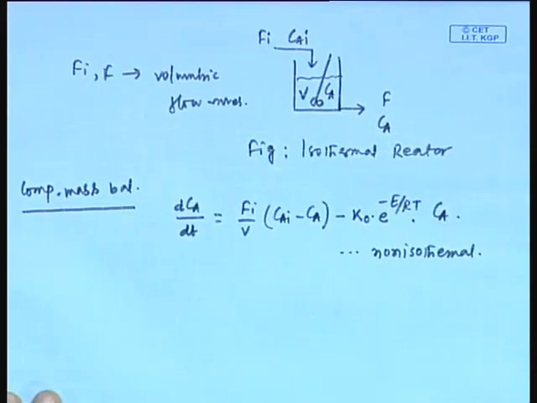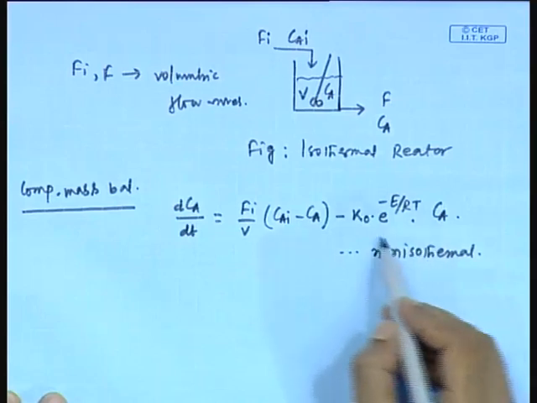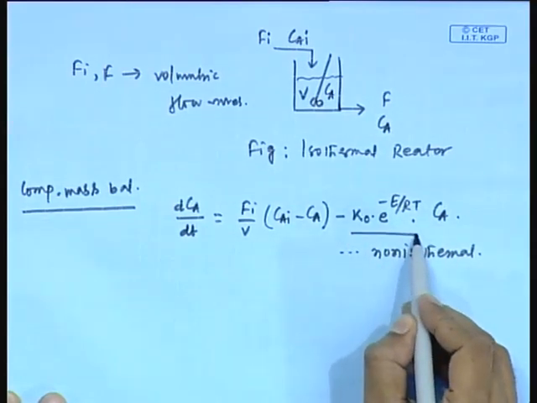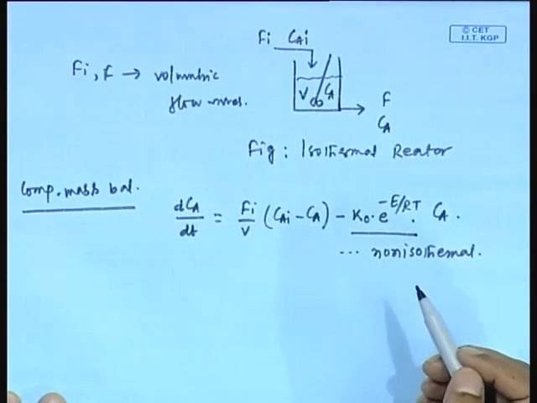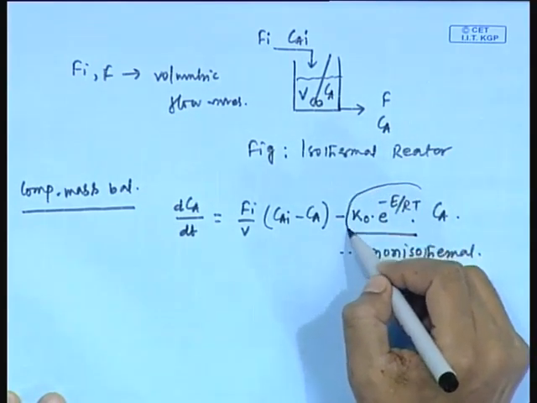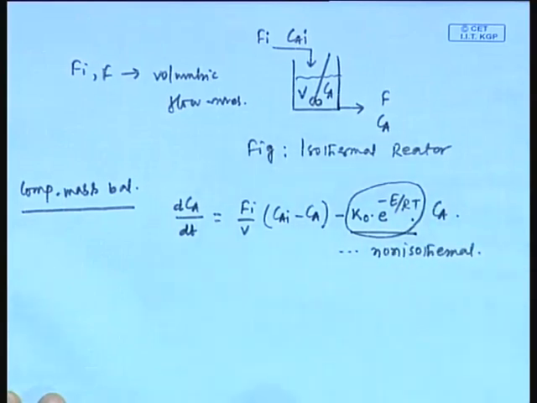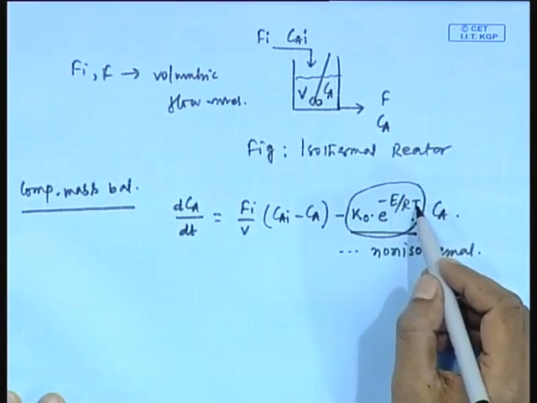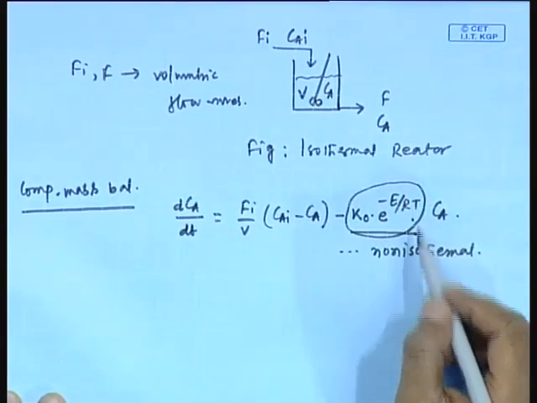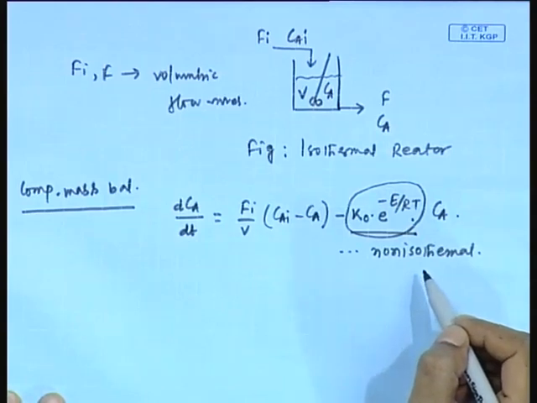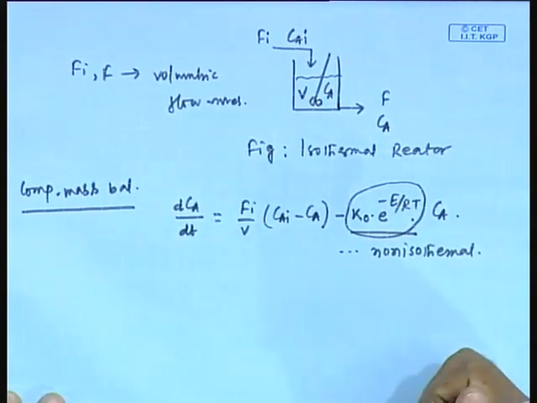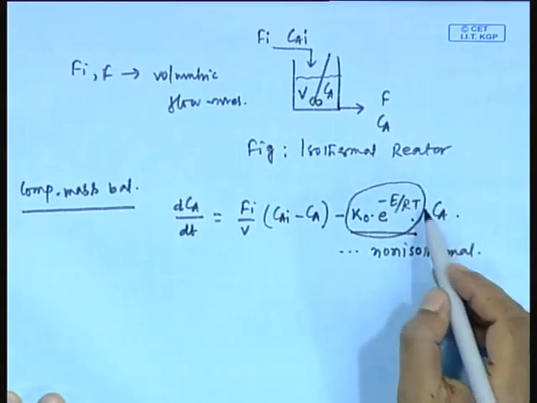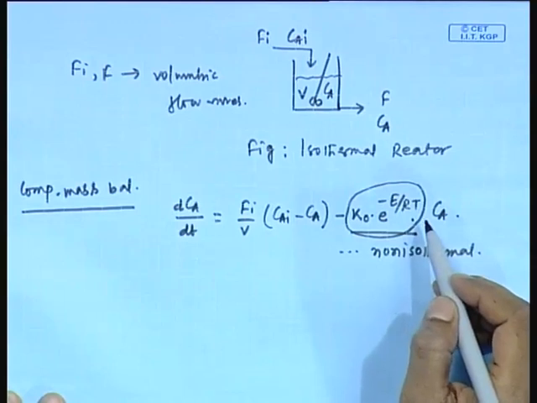How can we represent this equation for the case of isothermal CSTR? See, this whole term is basically k, and in this term temperature is there, since the case is non-isothermal. If we consider the isothermal CSTR, the temperature is constant, so this whole term becomes constant.